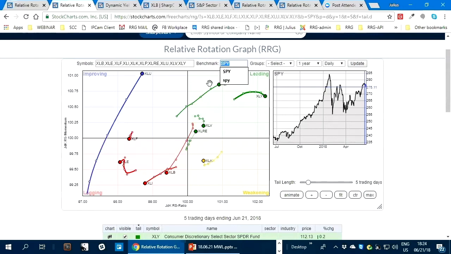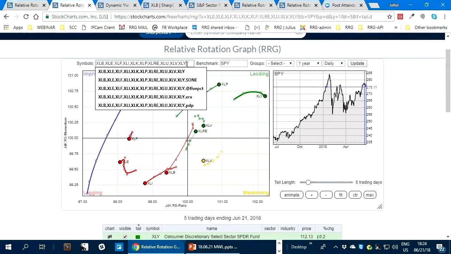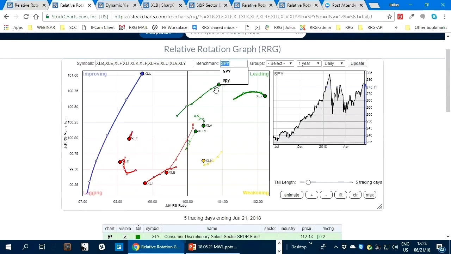The reason for that is that all these sectors together make up SPY as an index. So everything on the plot is included in the index. That makes it a closed universe. Closed universes typically show a nicely scattered, evenly spread out RRG, with a decent spread around the plot of all the various items on the chart.